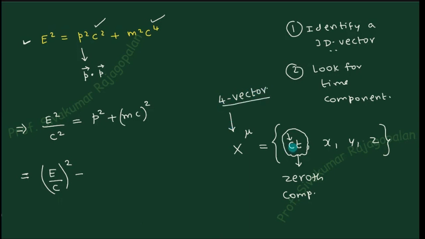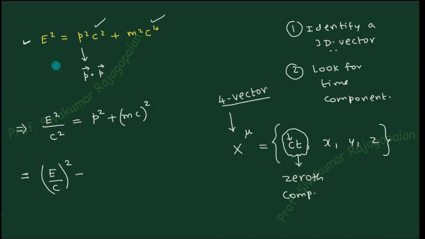4 vector means 4 components should be there. But this is not the usual 4 component Euclidean vector. You should be careful about that. In the case of the Euclidean also, you can have a 4-dimensional Euclidean vector. But this is not that, because there is a time component entering the picture, and therefore this 4 vector is the vector corresponding to the Minkowski space. That is a point to be noted.